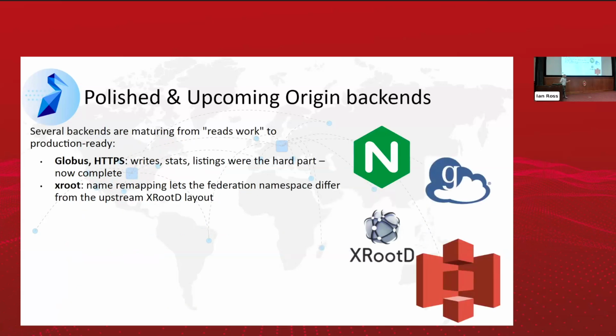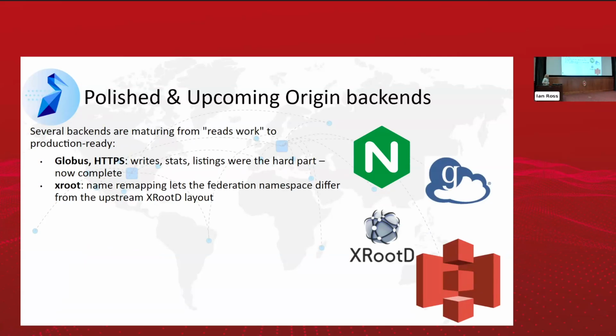Okay, so I've talked a little bit now about what it takes to make an origin. My talk is actually supposed to be on the new origins that we've come up with, but I thought it would be difficult to talk about that for 20 minutes. So some of these are origin backends that we have talked about in the past, like the Globus and HTTPS origins.